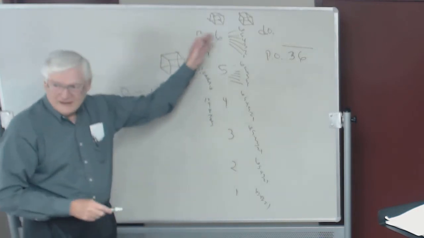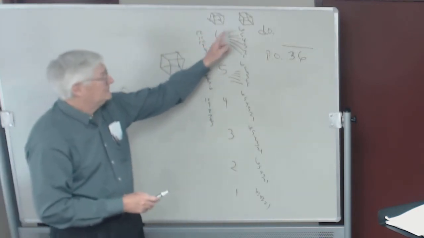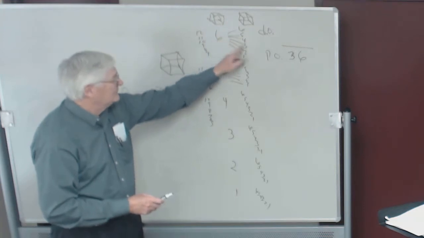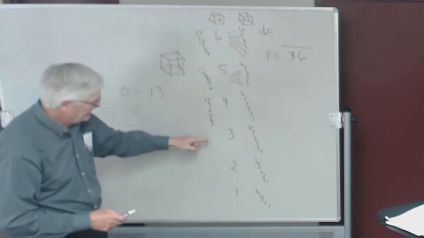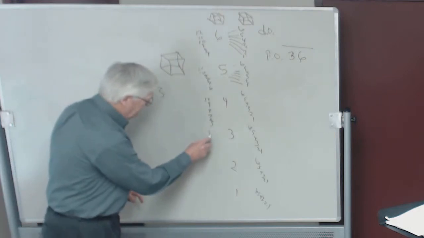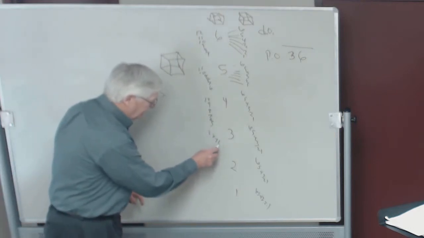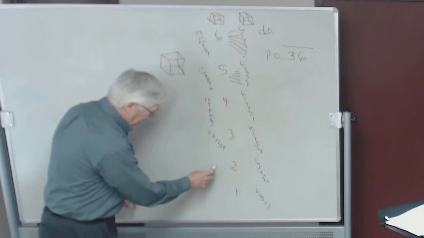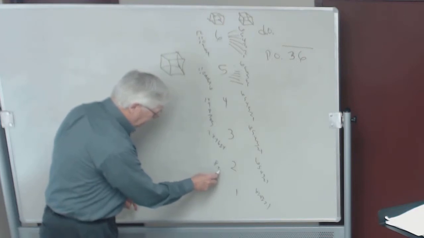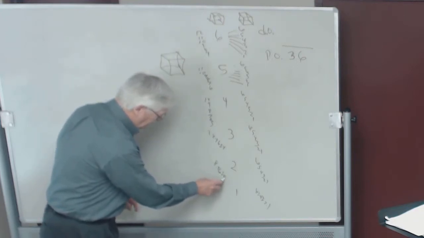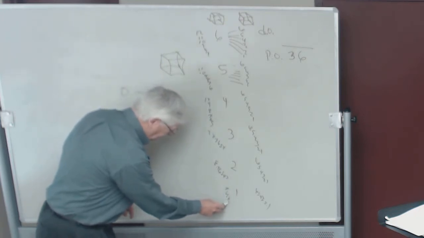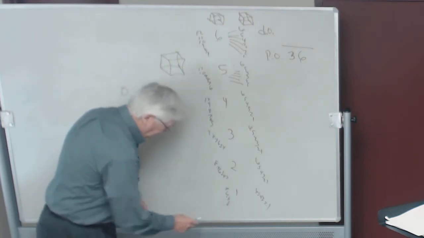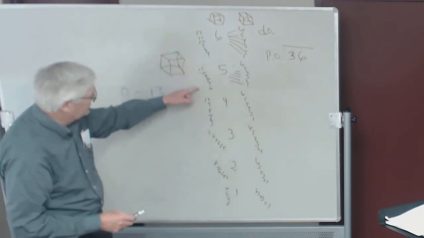See what I'm doing? Adding these two together. 6 and 6, 6 and 5, 6 and 4, 6 and 3, 6 and 2, 6 and 1, and then 9, 8, 7, 6, 5, 4, and so on. So those are all the sums.